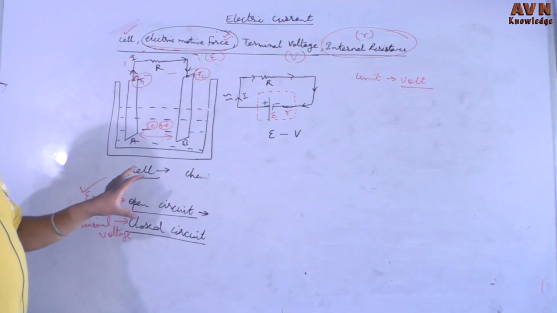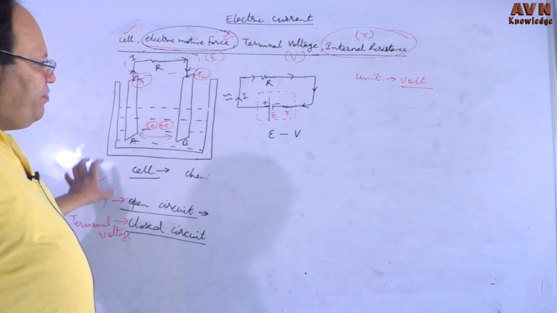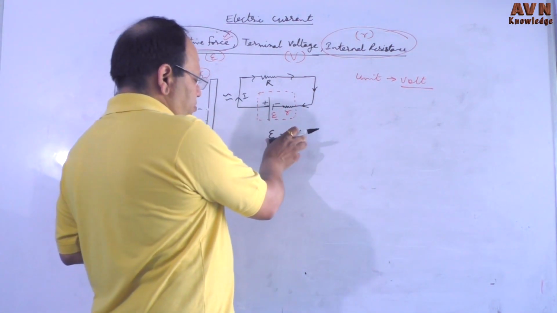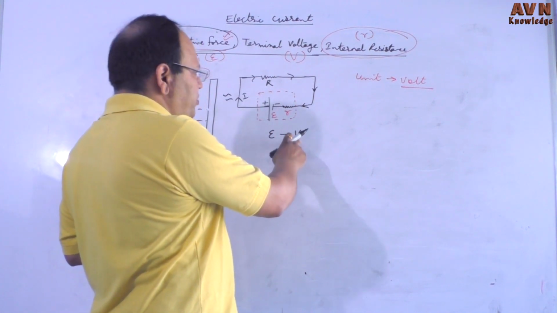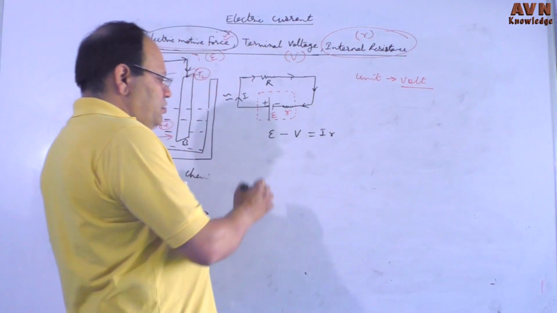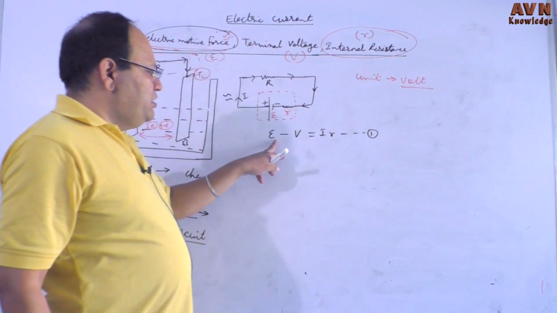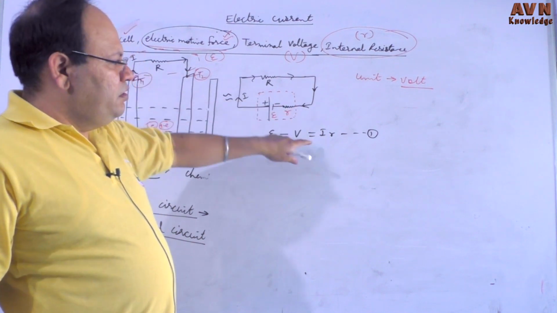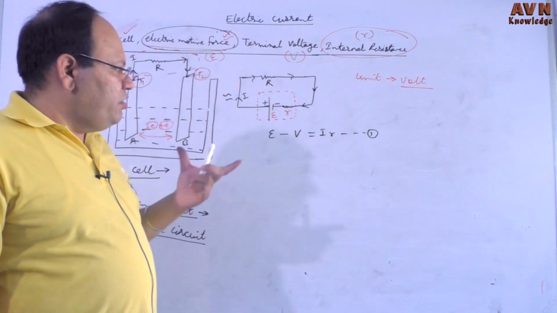Here we derive the relation between terminal voltage, EMF and internal resistance of the cell: E minus V. E is the open circuit voltage, V is the potential difference in the closed circuit, and that will be I into R. This is the first equation: the difference between open circuit and closed circuit is the potential drop, I into R, where R is the internal resistance of the cell.